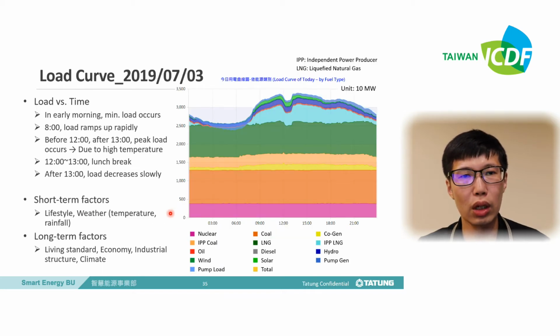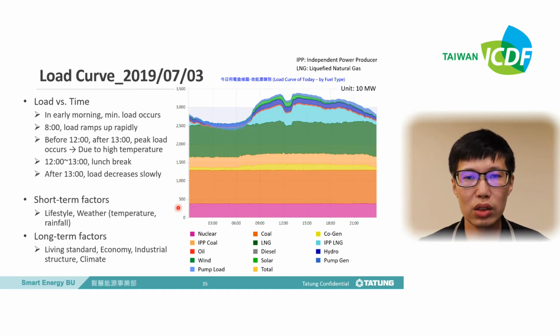And finally, the final part of power system is the consumption. I will introduce the consumption from the perspective of power system. This is the load curve of the power system in Taiwan on July 3rd, 2019.